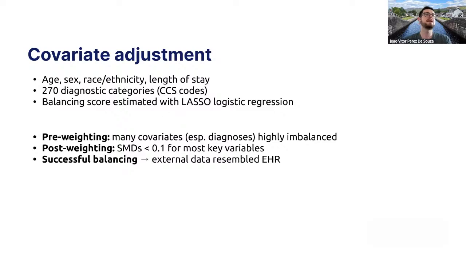What they see is that you can do a pre-weighting, which if you have many covariates is not really helpful because you get highly imbalanced data. You can do post-weighting for essentially the most key variables. And eventually they get to a version of the model, because this is a simulation, that is satisfactory, where the external data resembled the EHR.